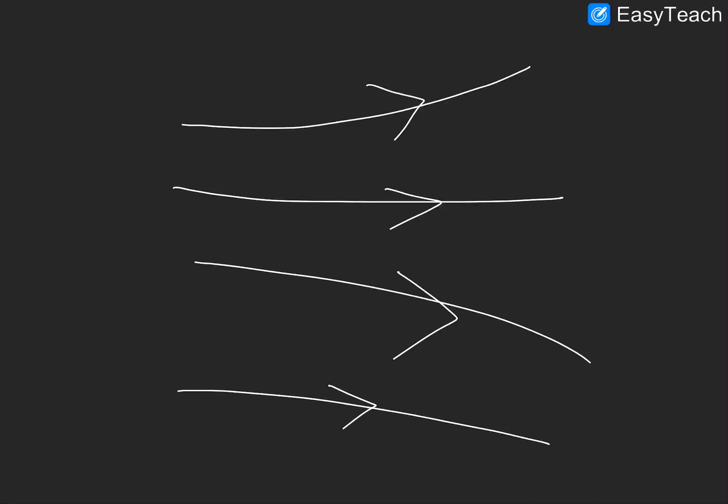Now if you keep your dipole in this field, making some angle, then the force acting on the dipole will not be zero. Net force acting on the dipole will not be zero, because this end will have a force qE if this is plus q, and this side will have a force minus qE if this side is minus q.